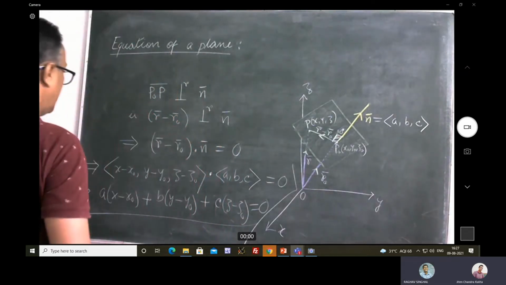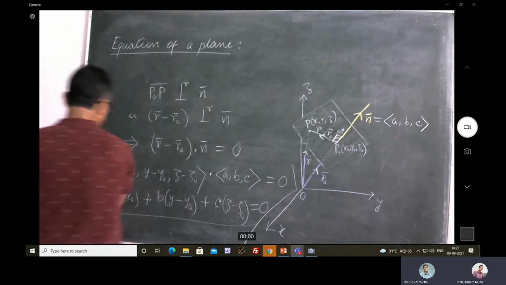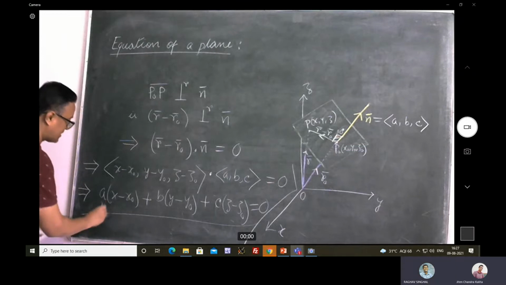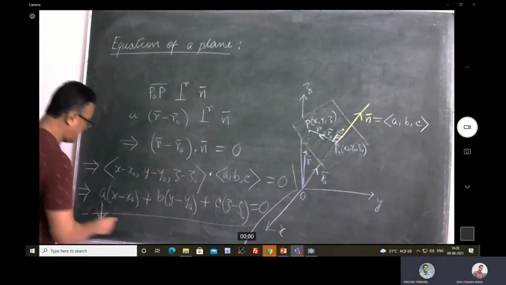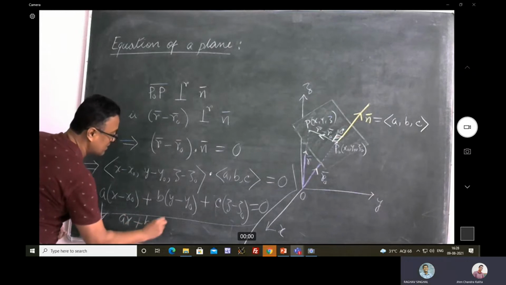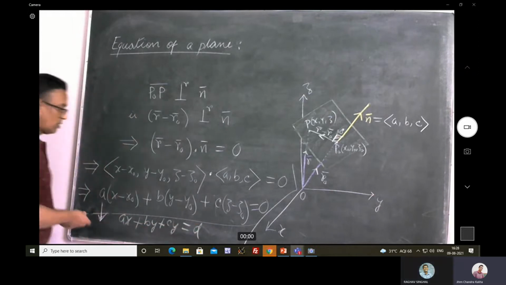Now I would like to tell you another thing. Once you simplify it, this can be written as ax plus by plus cz equal to d.